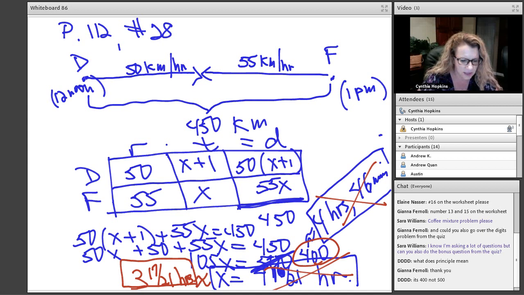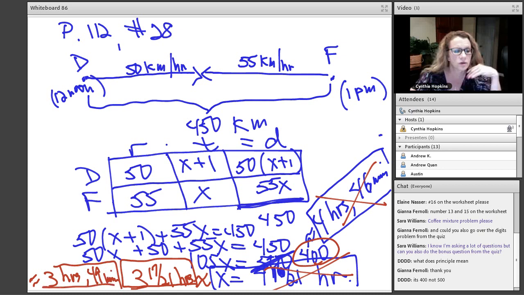If I take that 17 divided by 21 and multiply it by 60 to change this to hours and minutes, it's approximately 3 hours and 49 minutes. Either way, the 3 and 17 over 21, that is exact. The 3 hours, 49 minutes, that's an approximation. All right. Thank you, D, whoever you are.